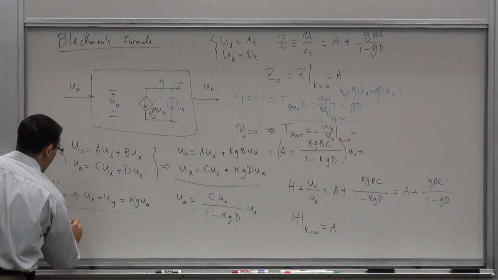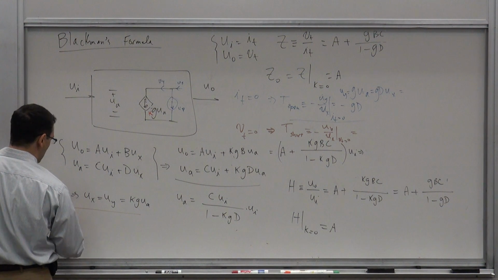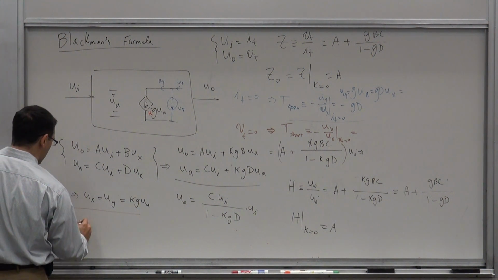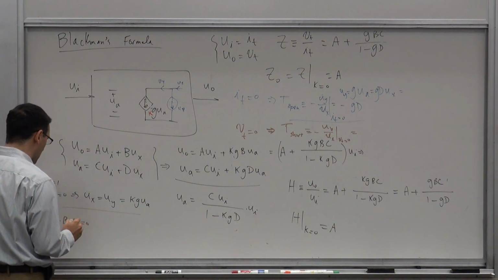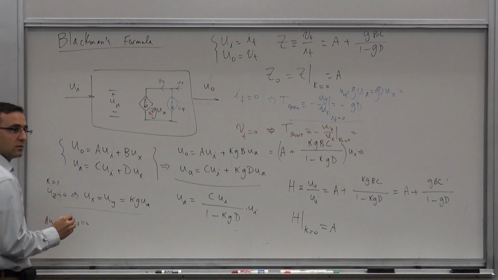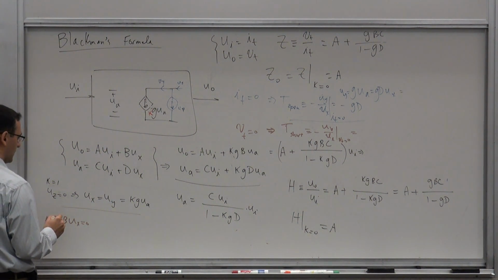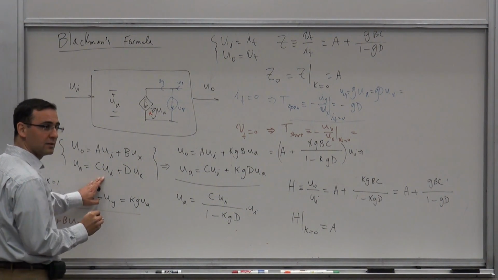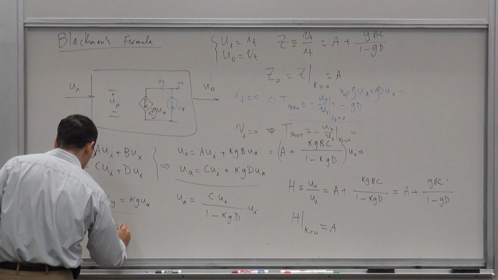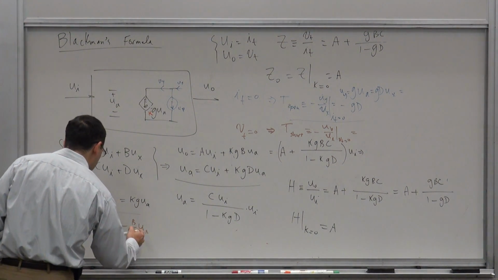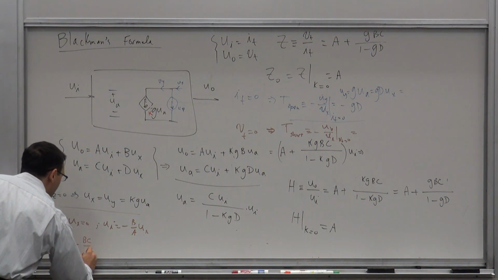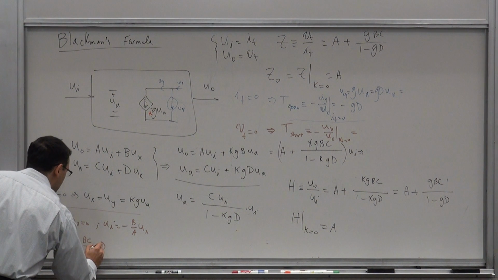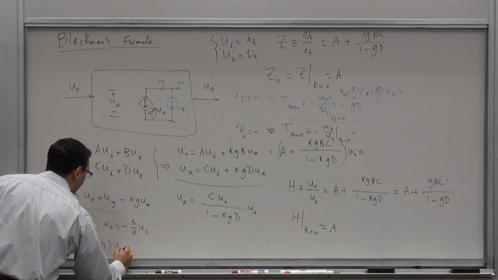So in that case, basically I get Vux plus AUi is 0. Right? And what can I solve for in this case? I can solve for Ui and plug it into here. So I can solve Ui is simply minus b over a Ux. I plug it into here, I get Ua is minus BC over A plus D times Ux.